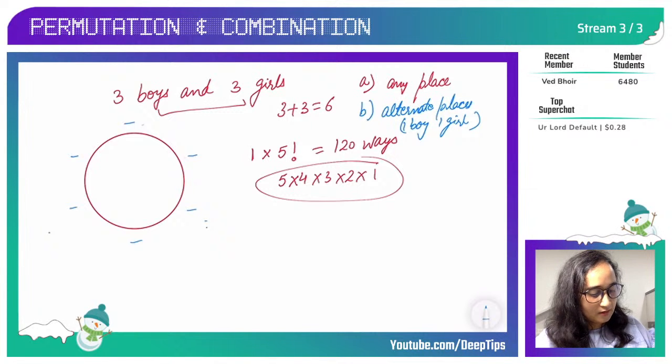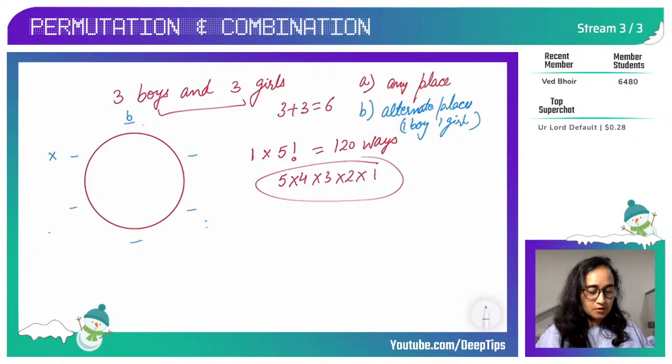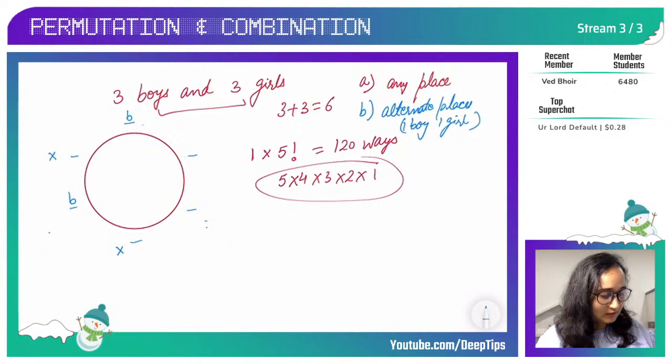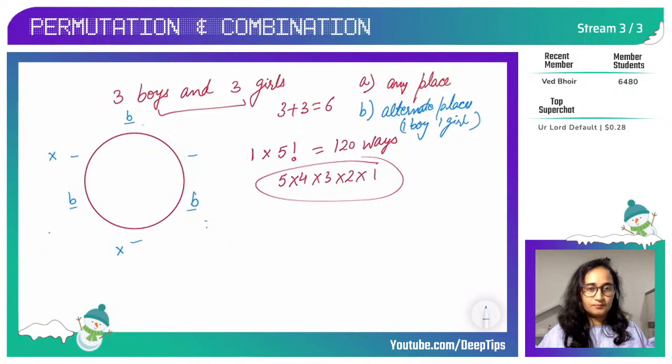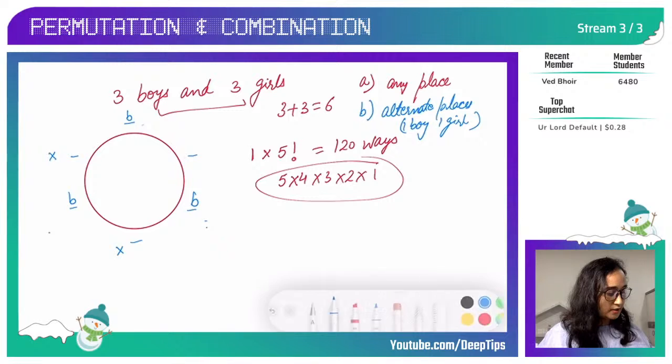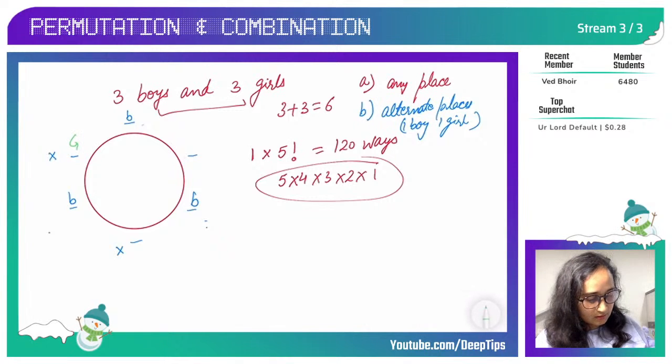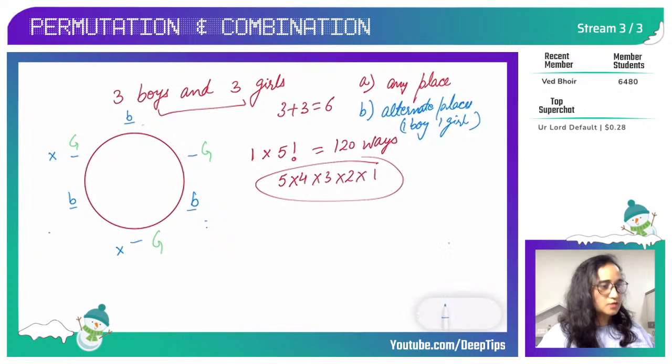So here 1 boy, then the next boy cannot sit here, so he can sit here, so I'm writing a B. The third boy can't sit here, so he can sit here only, correct? Then the remaining places are for girls. So this is called boy girl arrangement. So here a girl, and here 1 girl. This is how we do boy girl arrangement.